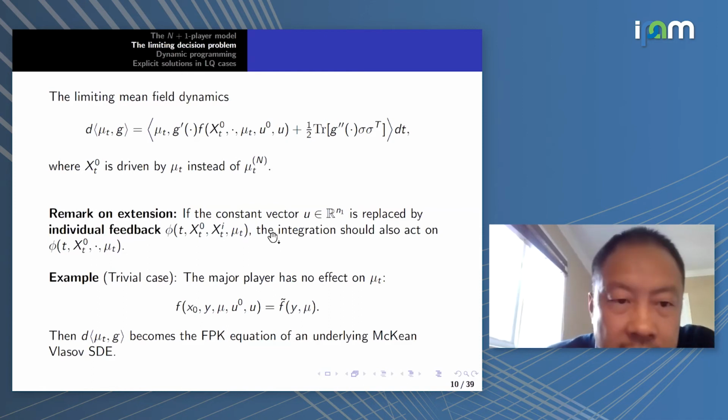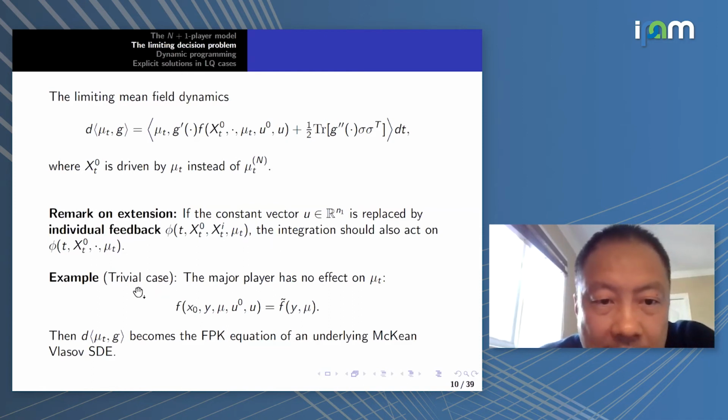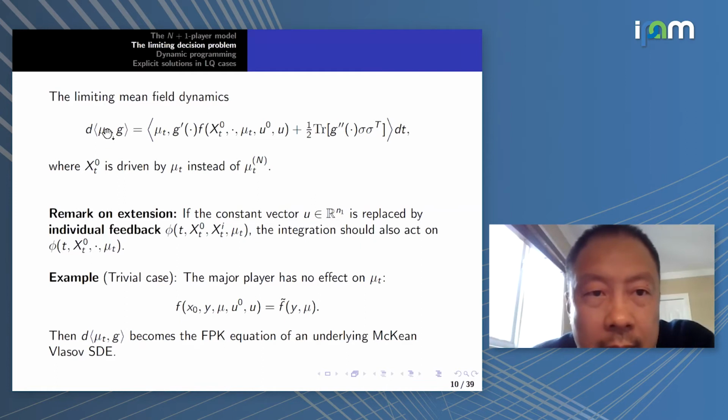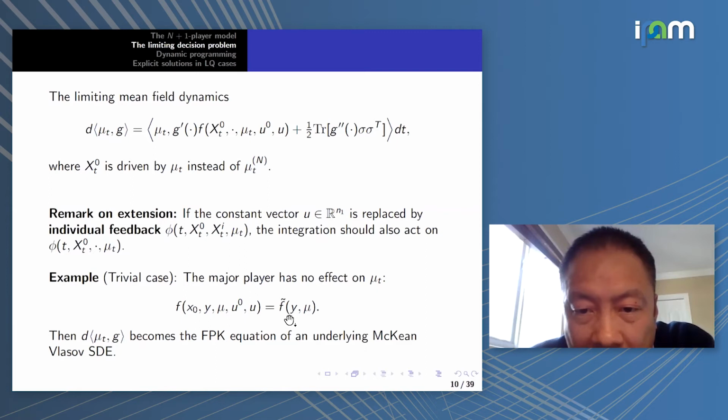The first is a trivial case. The major player has no effect on the distribution, which is used to describe the mean field behavior. In this case, the drift of the major player is actually equal to a function of only its own state, not the mean field.